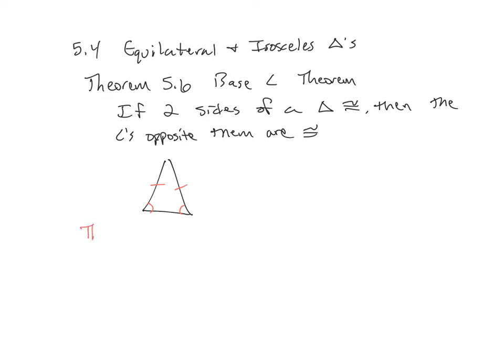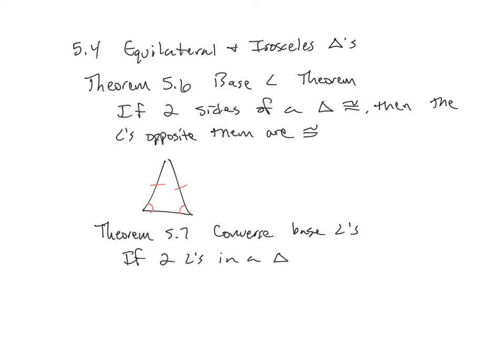And then theorem 5.7 is just the converse of that. So if two angles in a triangle are congruent, then the sides opposite are congruent.